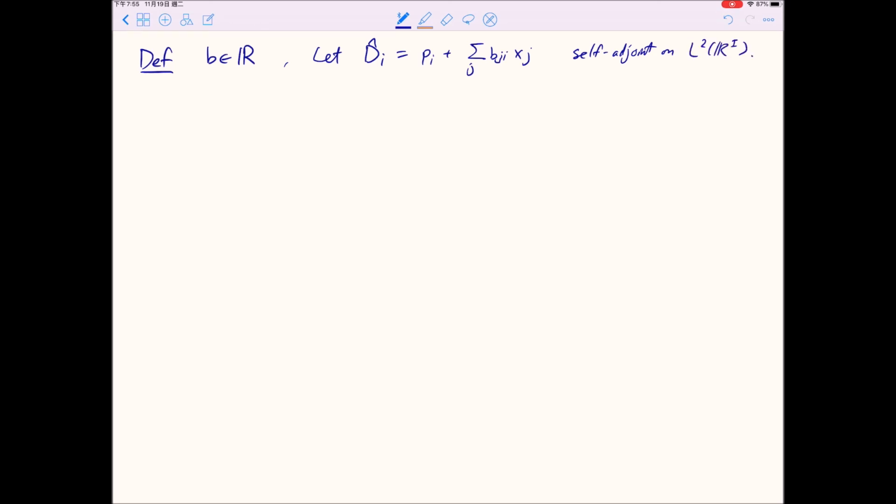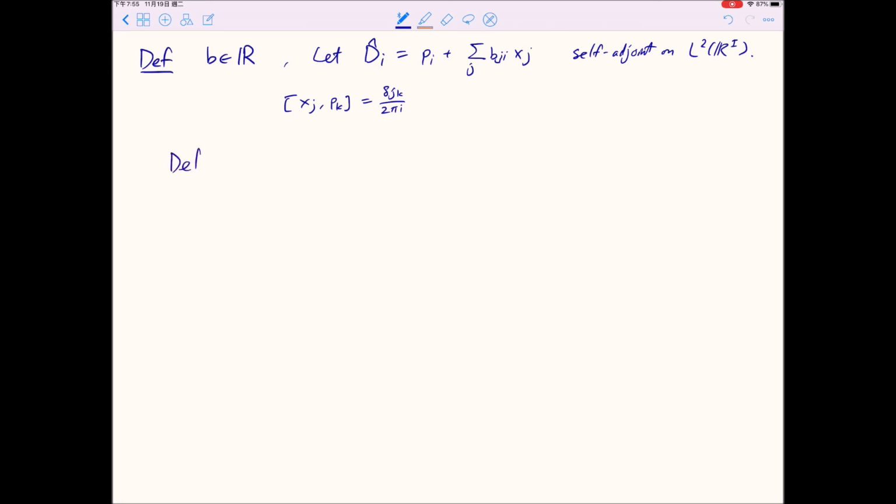So here I really have n copies of the position and momentum operator, where the j and k copies do not commute if they do not have the same index. So I just generalized the previous rank 1 case to higher rank, and I let D be this expression.